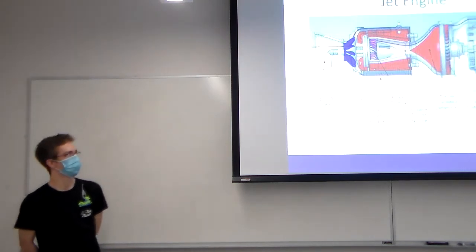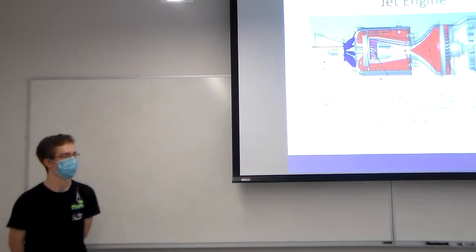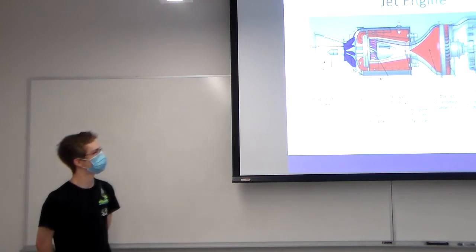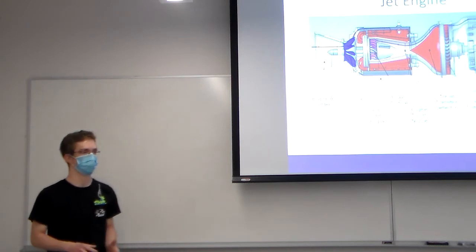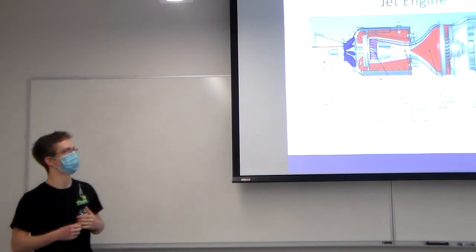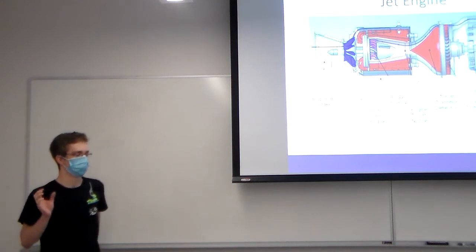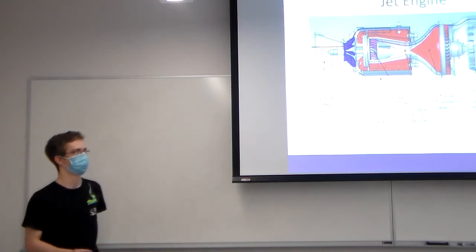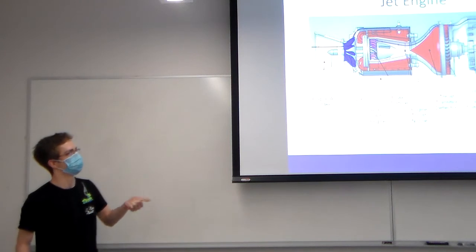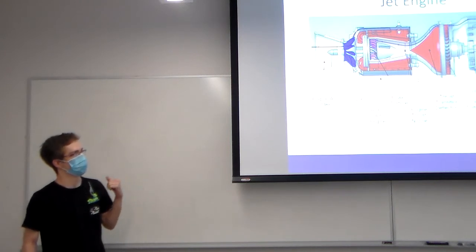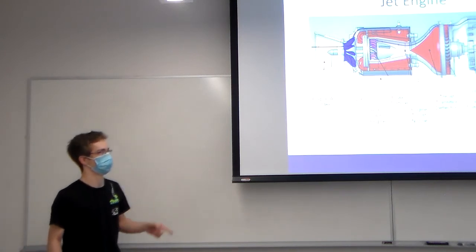So here's the diagram of the jet engine. This is straight out of our lab manual. Basically, you've got the air intake, which goes to a compressor, compresses that air and mixes it with the fuel, the jet fuel, and then that gets combusted. Then you have this massive exhaust of air after the combustion, and it goes into two turbines, the power turbine and, for our jet engine, a free turbine.